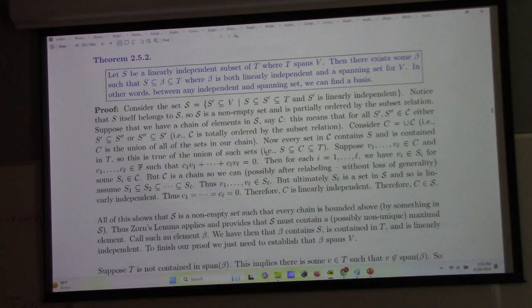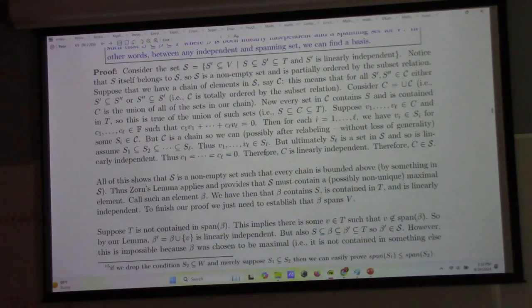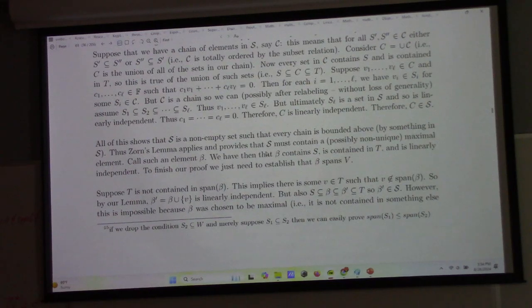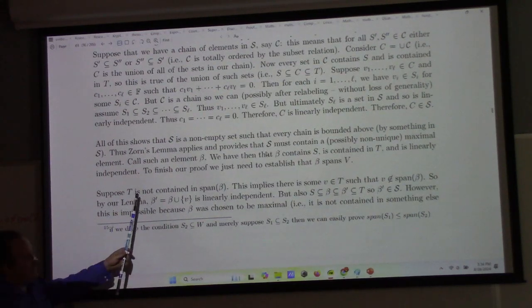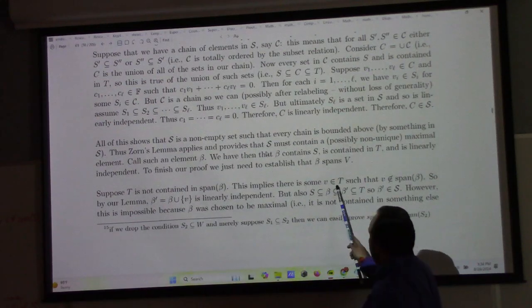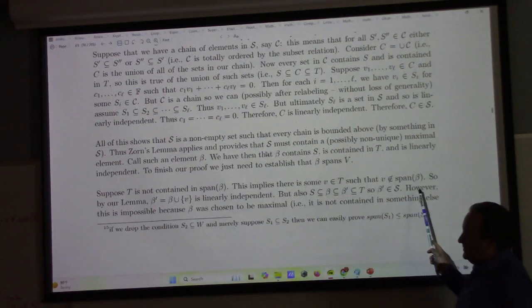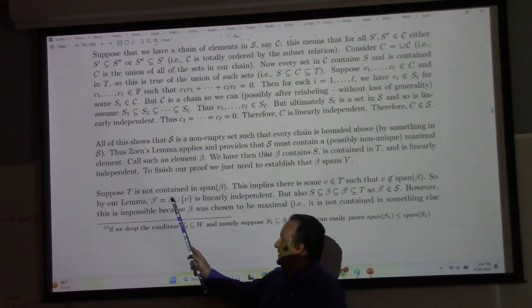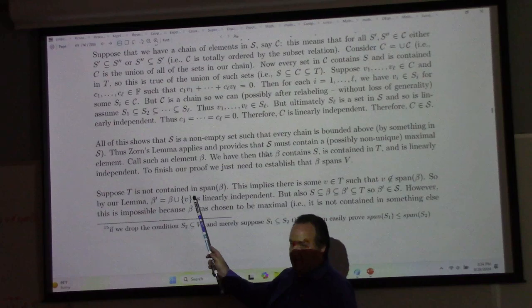Although if you're paying close attention, I haven't actually defined basis yet in the notes. All right. So suppose T is not contained in the span of beta. That would mean that there's some v in T such that v is not in the span of beta. But then by our lemma over there, beta prime, formed by beta union v, is what?